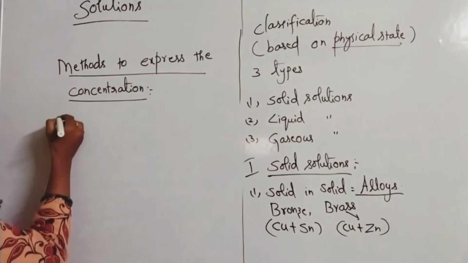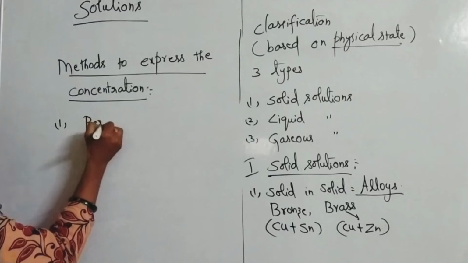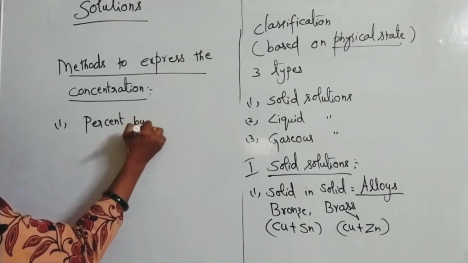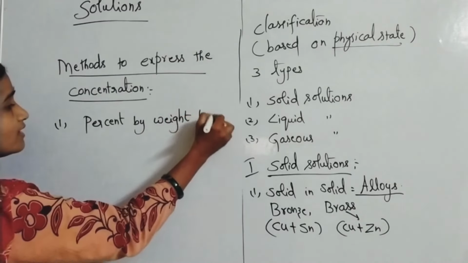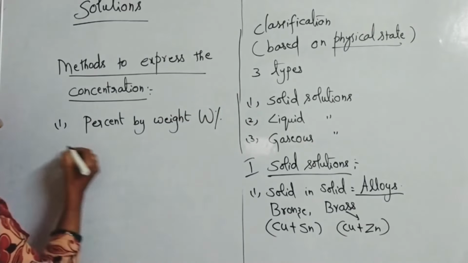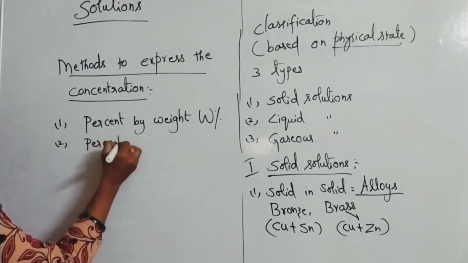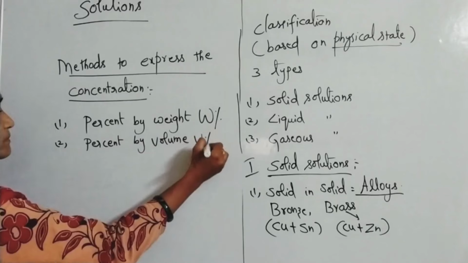The first one, you all know, is percent by weight, or in other words weight percentage, W percent. The second one is percent by volume, V percent.